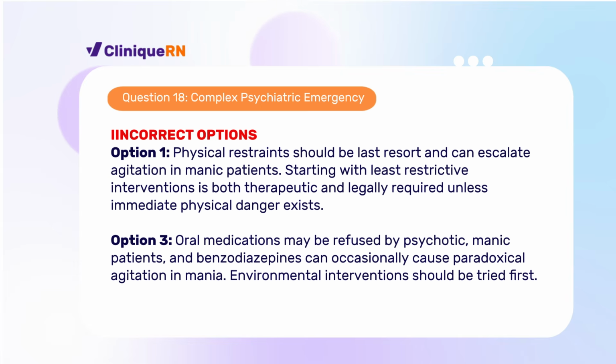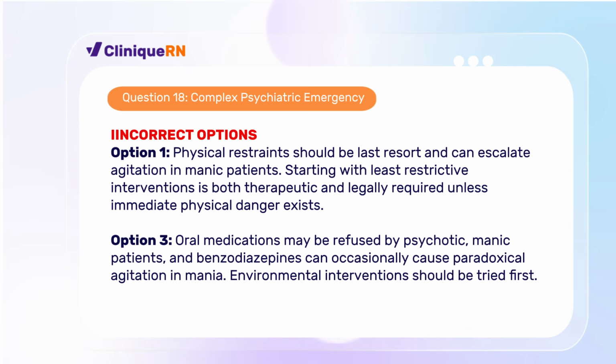Why are other options incorrect? Option 1. Physical restraints should be a last resort and can escalate agitation in manic patients. Starting with the least restrictive interventions is both therapeutic and legally required, unless immediate physical danger exists. Option 3.